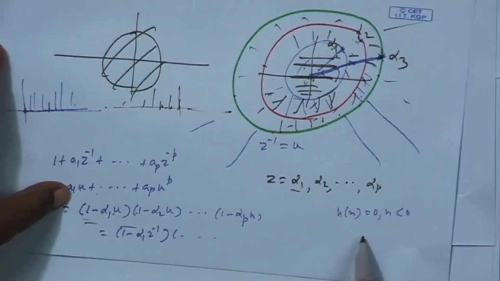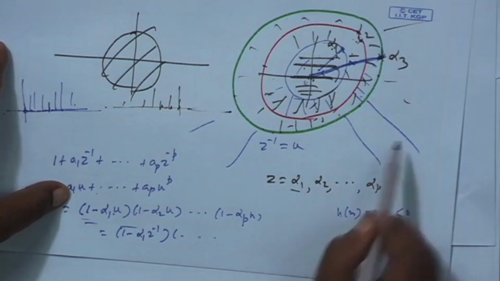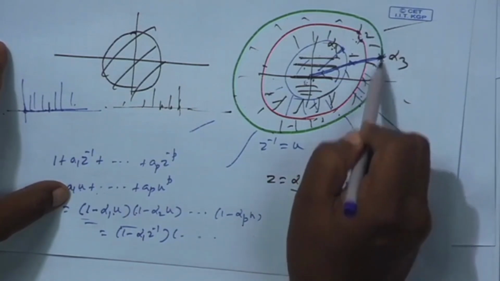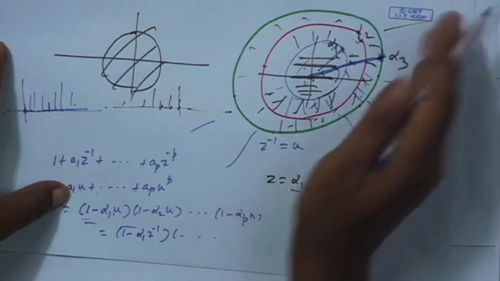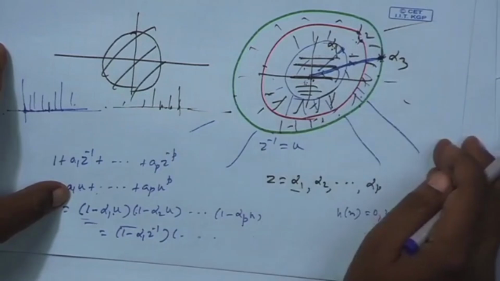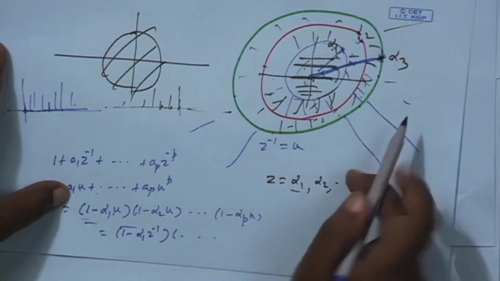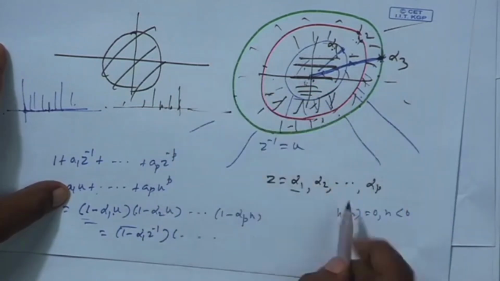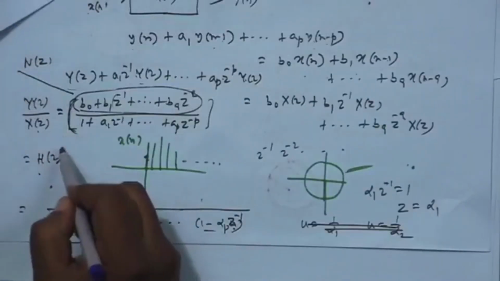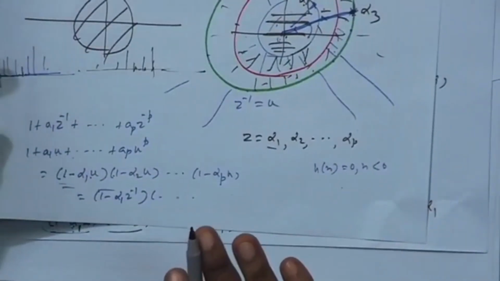It should start at n equal to 0 and go up to infinity, then it is causal, but the corresponding ROC will be outside a circle. That is possible only if you take the pole farthest from the origin, draw a circle and then go out. Then this region cannot have any pole. That is another valid ROC, but that is outside a circle up to infinity, that is the only way. So, if I take that ROC and take the inverse Z transform of that, I get h(n) which will be causal.